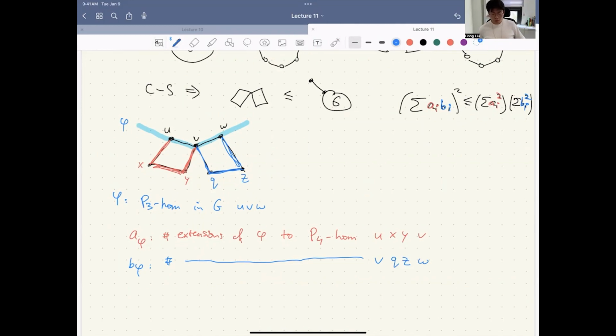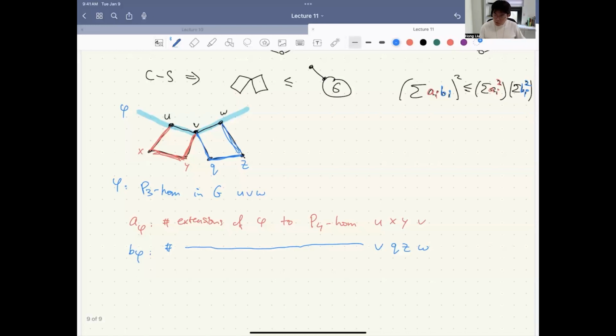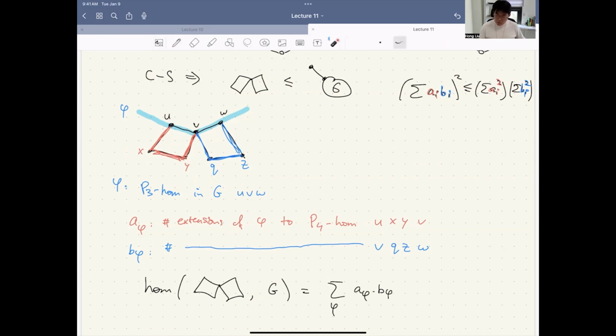In this way, the number of homomorphisms of this in G can be written as the sum over all phi of A phi times B phi, right? How do we find the homomorphism of this guy?